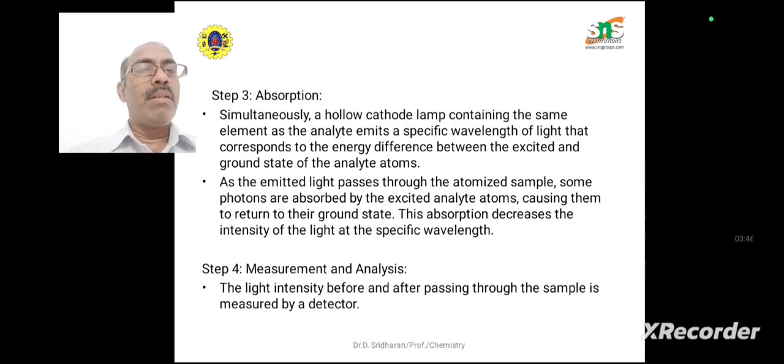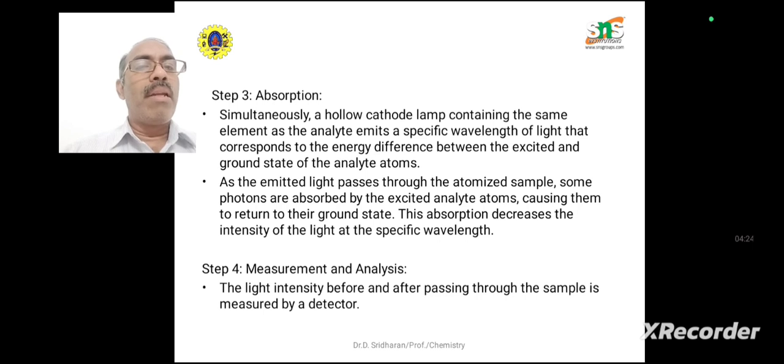Step 3, the absorption process. Simultaneously, a hollow cathode lamp containing the same element as the analyte emits a specific wavelength of light. So we use a hollow cathode lamp as the source, for a range of different heavy metals, that corresponds to the energy difference between the excited and ground state of the analyte atoms.